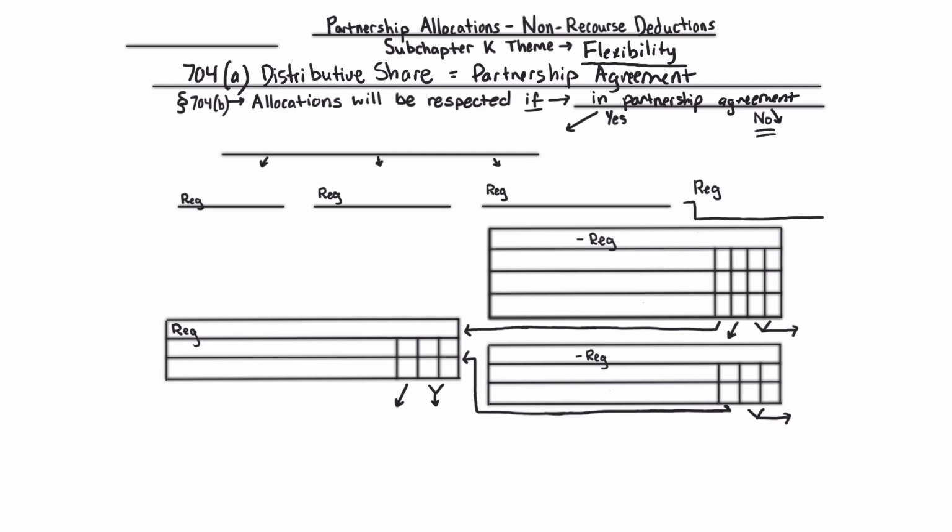Then we follow what's called partners' interest in the partnership. And you're going to see this phrase a lot when it comes to the allocation rules. Partners' interest in the partnership. And we find the general rule under Reg. 1.704-1(b)(3)(ii).